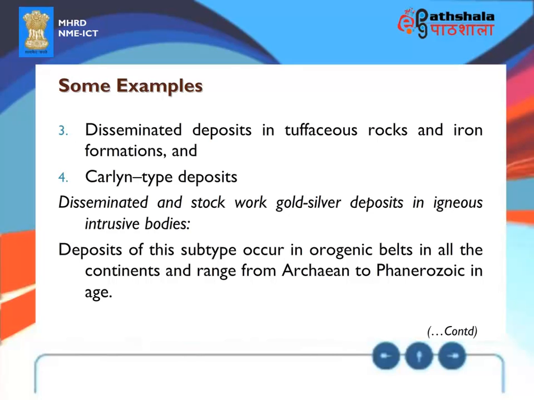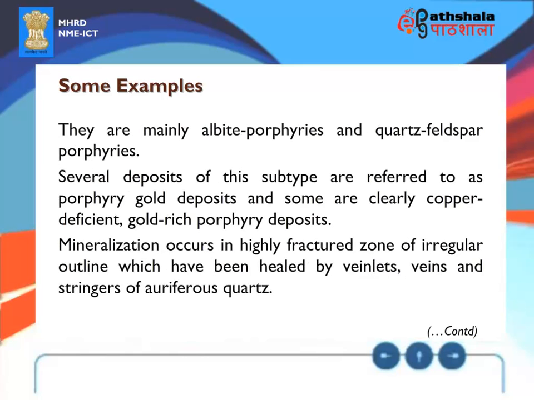Disseminated and stockwork gold-silver deposits in igneous intrusive bodies. Deposits of this subtype occur in orogenic belts in all the continents and range from Archean to Phanerozoic in age. They are mainly albite porphyries and quartz feldspar porphyries.